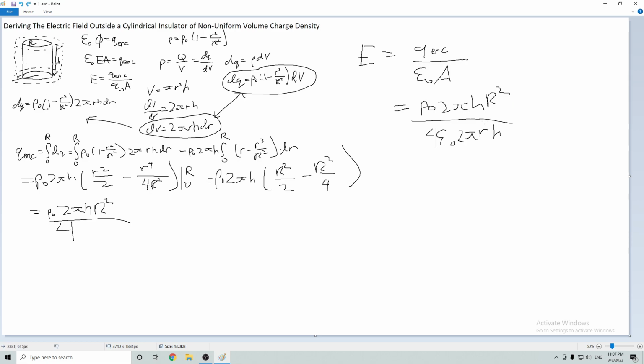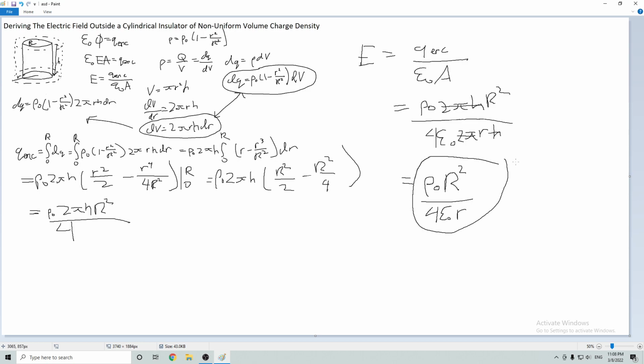So now we can simplify a few things here. The 2 pi h's cancel out, and we are left with rho naught big R squared over 4 epsilon naught little r.